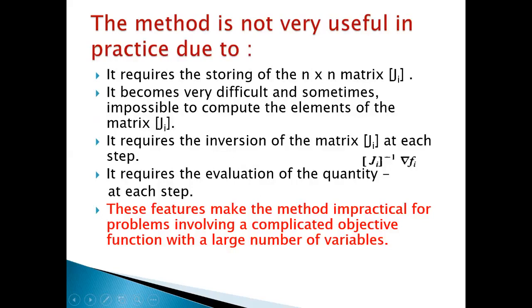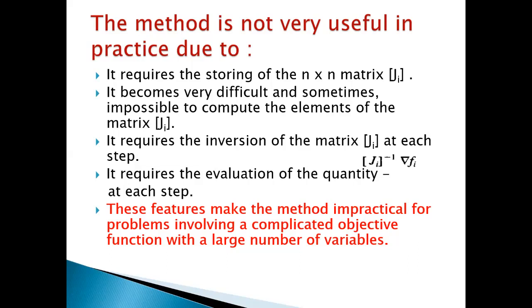Now the disadvantage of Newton method again. It requires more memory because it uses an n by n matrix for the Hessian, the second order derivative. It requires more time. Since it requires more elements in the matrix, it requires inversion of the matrix. It requires evaluation of the quantity at each step.